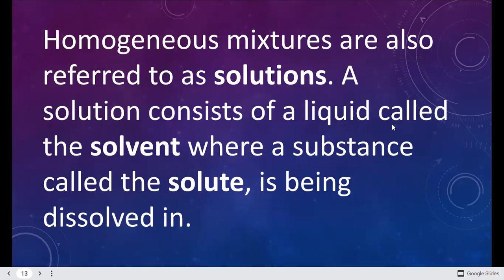What is solvent then? This is the dissolving agent, the one that will dissolve those particles. How about solute? This is the one being dissolved in a solution.